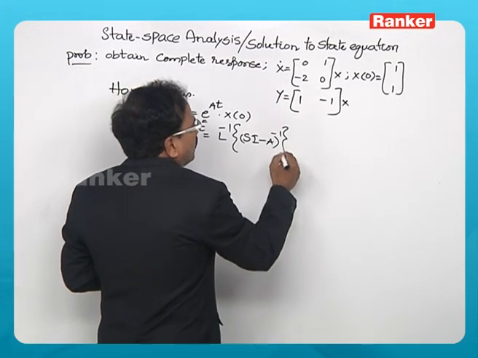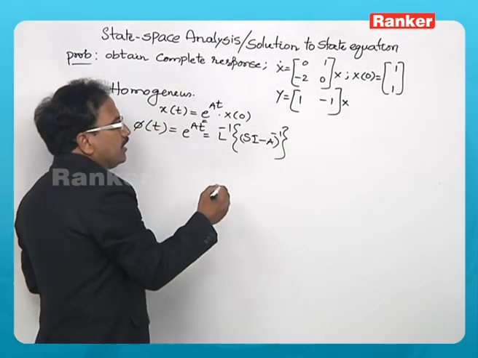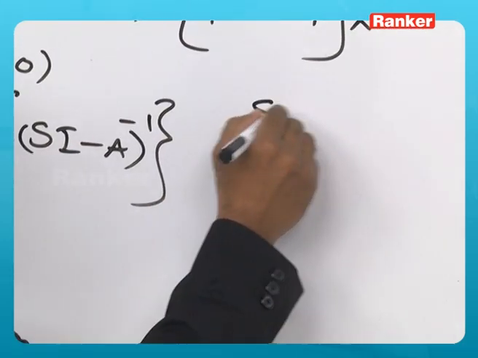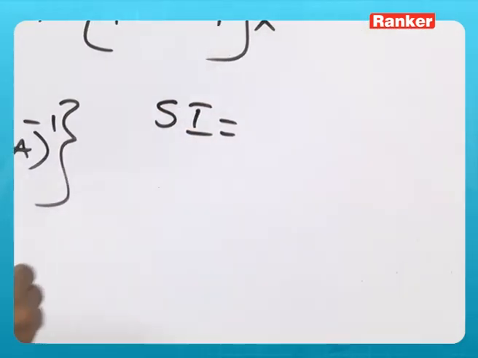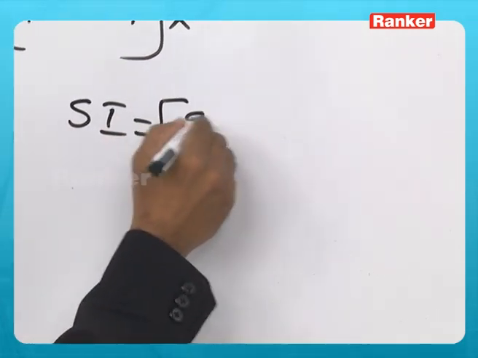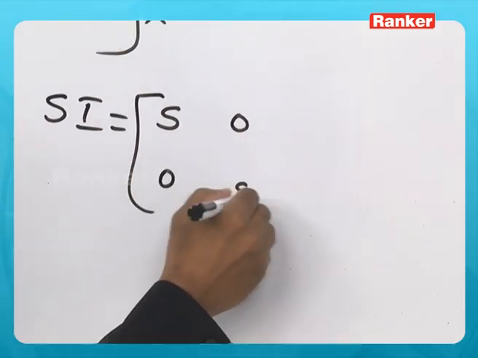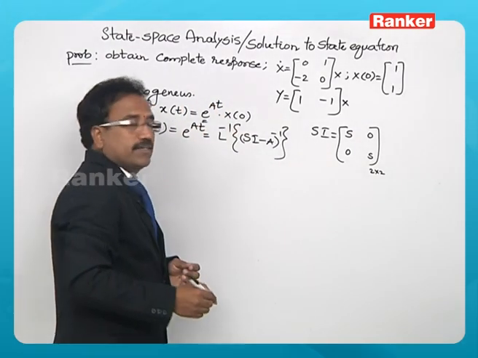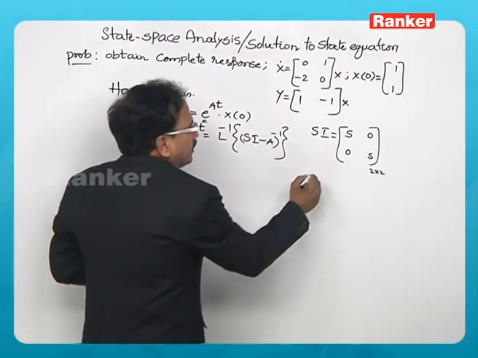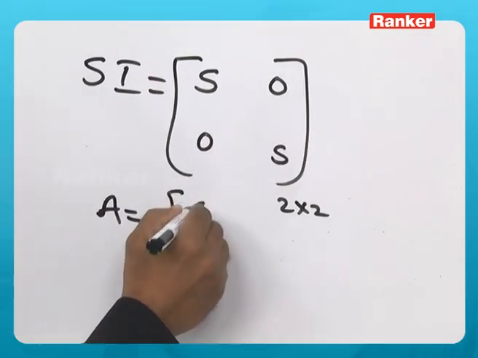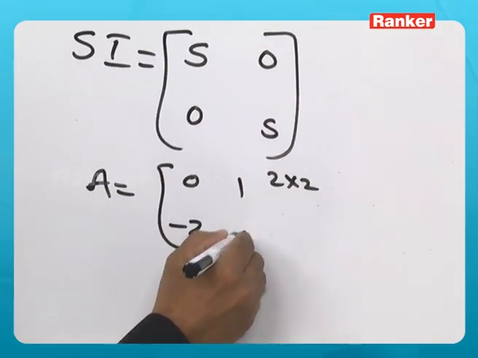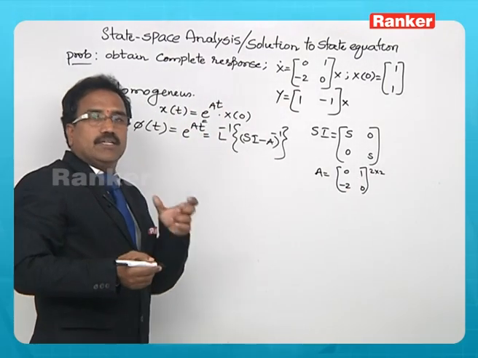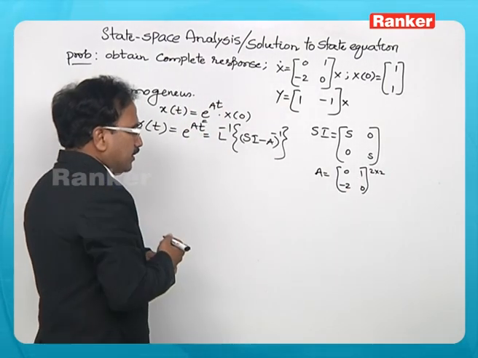To know this, we should have sI and A. sI is an identity matrix with s as the diagonal element, so this is a 2 by 2 matrix. A is already given in the system, it is equal to [0, 1; minus 2, 0]. Now we should have the sI minus A term and then its inverse.